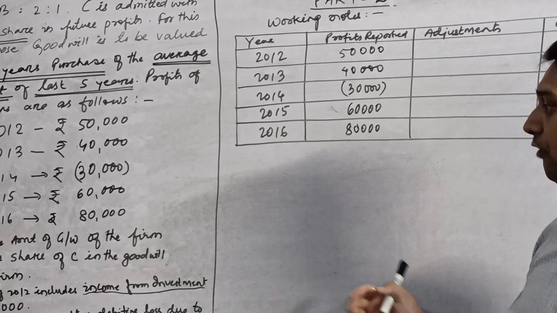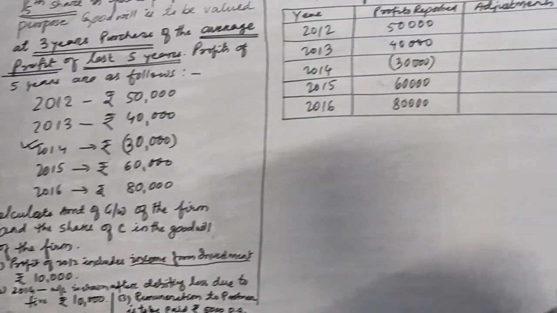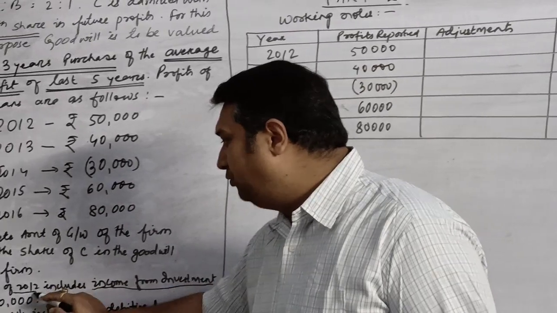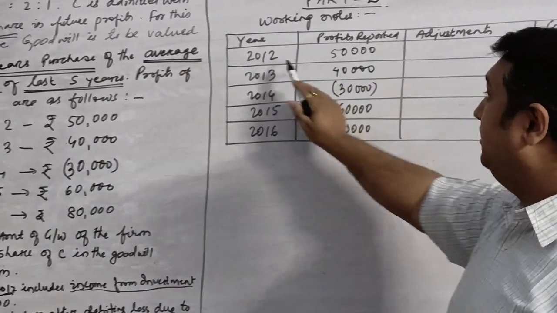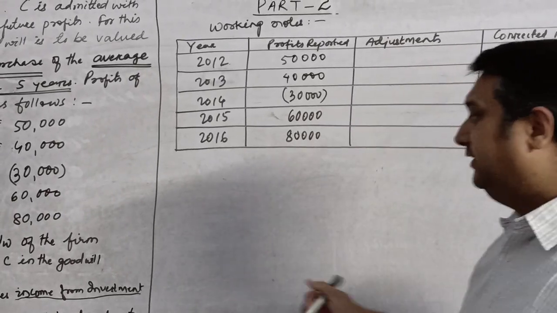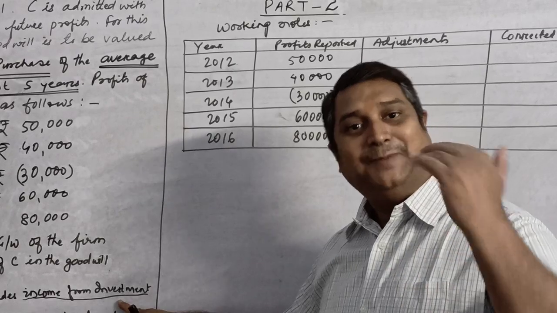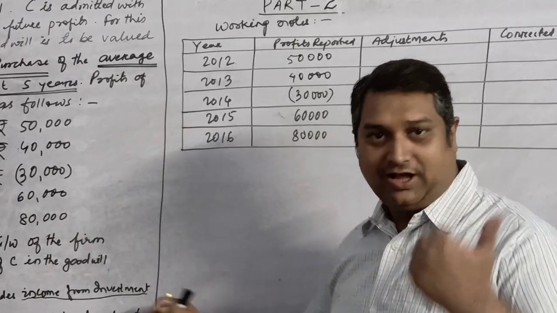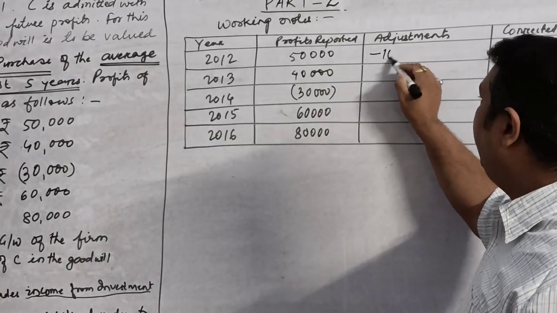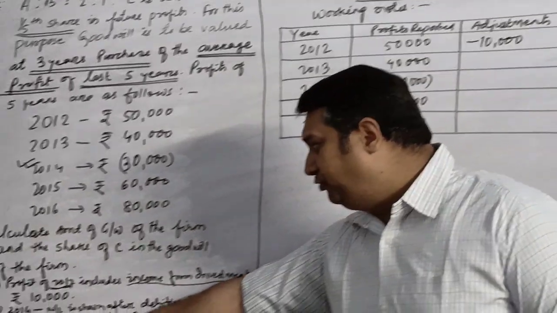Now let's go for the adjustments. Our first adjustment was income from investment, and it was for the year 2012. Since this is an income from investment, it is an abnormal income, so it has been added to the profit. To correct it, we will deduct 10,000 from here. Now let's go to the second adjustment.